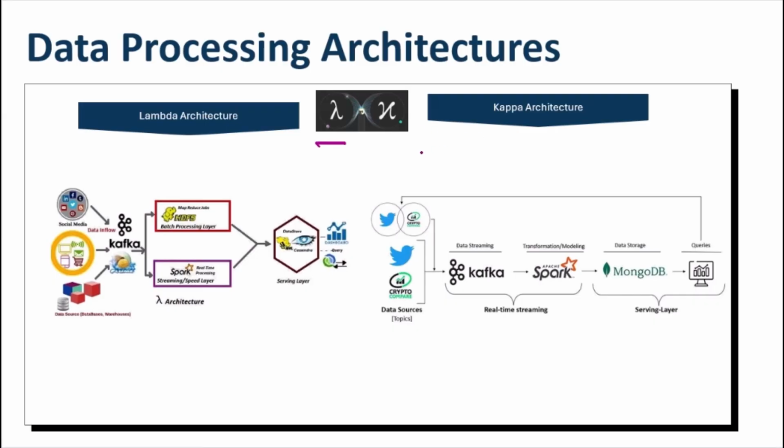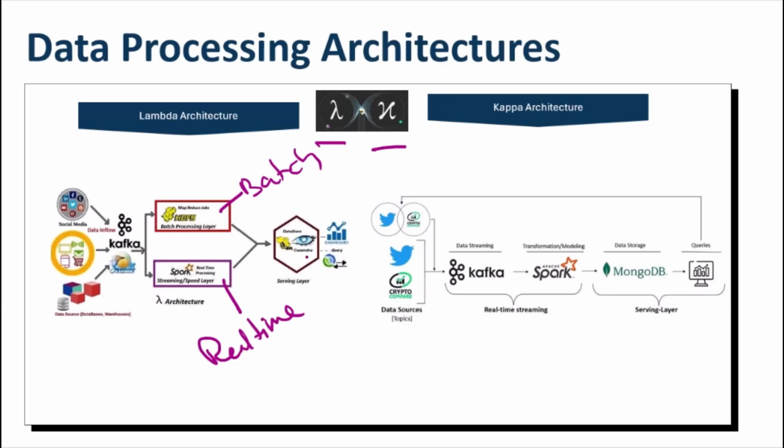Real-time data processing, Lambda and Kappa architecture. For processing real-time data, you can use either a Lambda or a Kappa architecture. The Lambda architecture uses two separate paths for processing, a batch layer for historical data and a speed layer for real-time data.